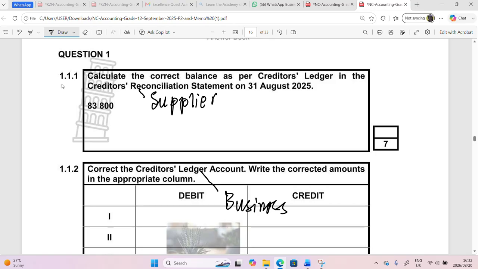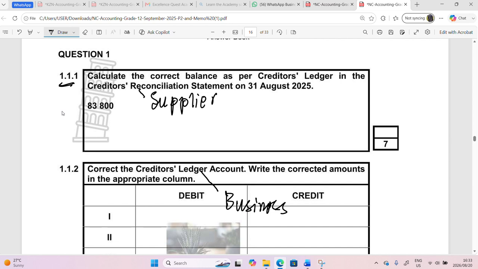For our example, it will only affect 1.1.1. But if the error is on our side as a business, we did not record a transaction, or there was a mistake from our side, it will affect 1.1.2, the creditors ledger.